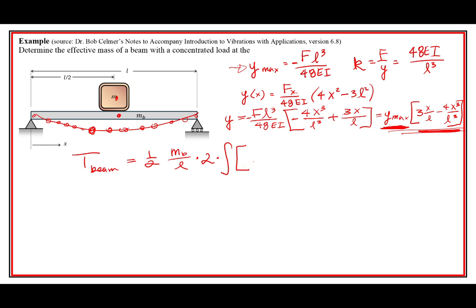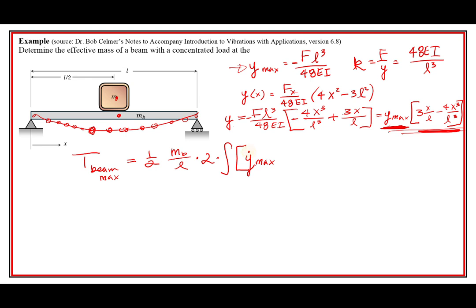There's a lot of bracketage coming up: y dot max, so that's the velocity at the center when it's at its maximum. By the way, we're trying to find the maximum kinetic energy.